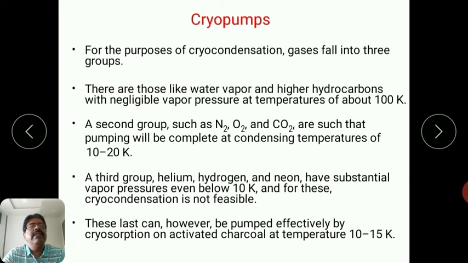All these have substantial vapor pressure even below 10 degrees Kelvin, and for this, cryocondensation is not feasible. So this is what you call a limitation.